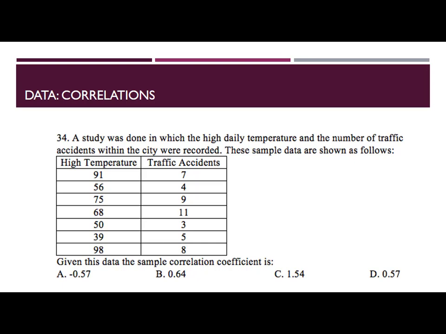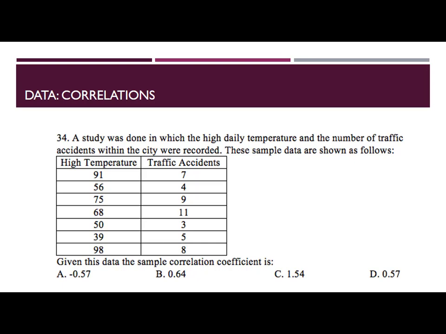On the left, it's the temperature, and on the right, it's the accidents for corresponding temperatures. So if you look at the first row, 91 degrees, we found 7 accidents. The second row down, 56 degrees, we found 4 accidents. And the third row down, 75 degrees, we found 9 accidents.